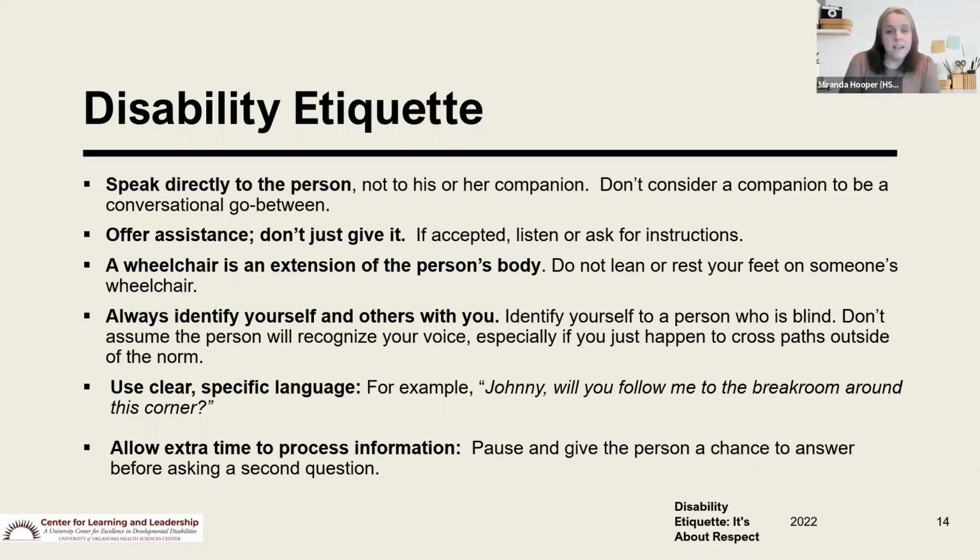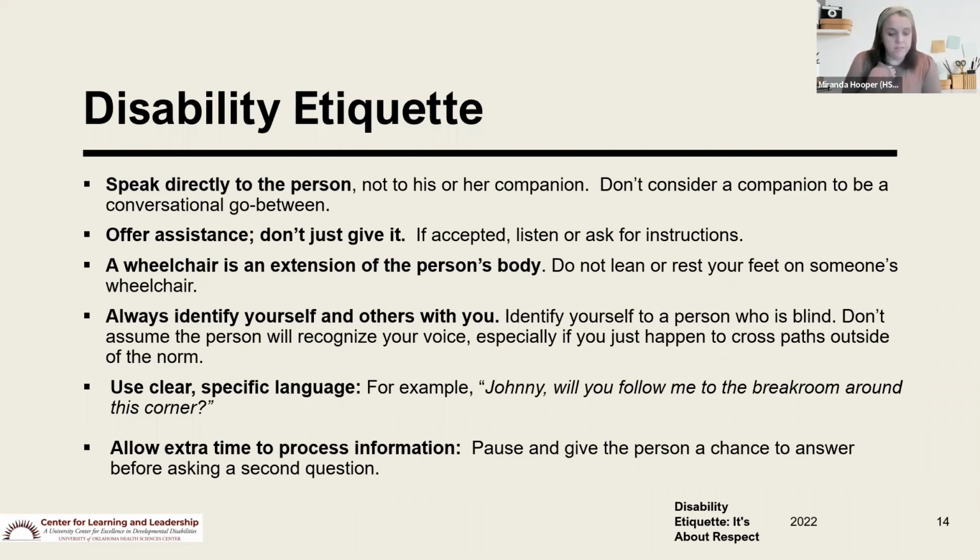Offering assistance. If somebody uses a wheelchair and they're heading down a hallway, there's no need to just walk up behind them and give them an assist, even if you think you're doing someone a favor.